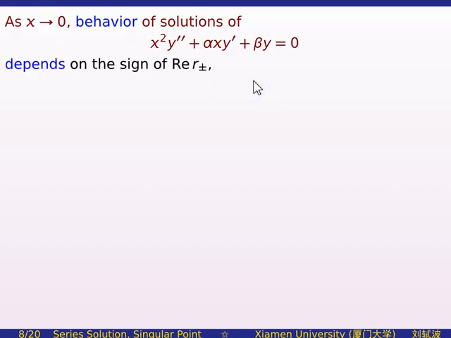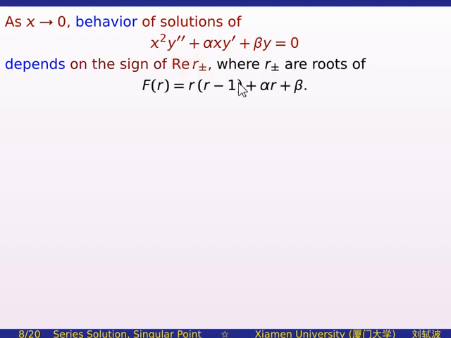The behavior of the solution depends on the sign of the real part of the root of capital F. If the root is real, then the real part is precisely the root itself. But if the root is complex, it has a real part and a non-zero imaginary part. So the behavior depends to a great degree on the real part of the root. So we consider several cases.